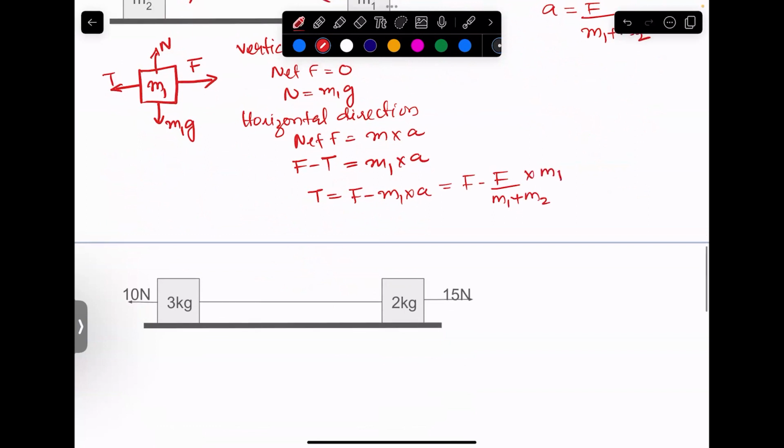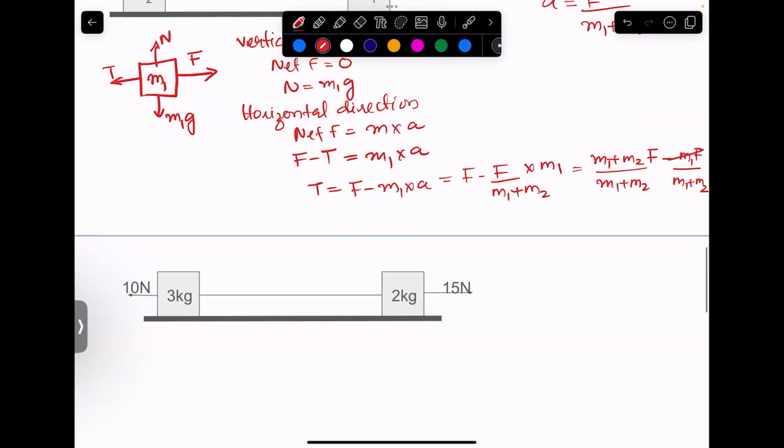Okay. If you multiply by M1 plus M2 and divide by M1 plus M2 to F, then it will be M1F by M1 plus M2. Then what will happen? This M1F and one M1F will cancel.